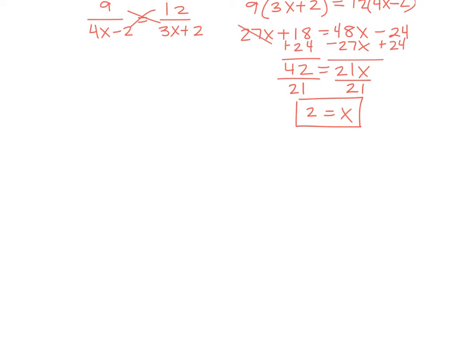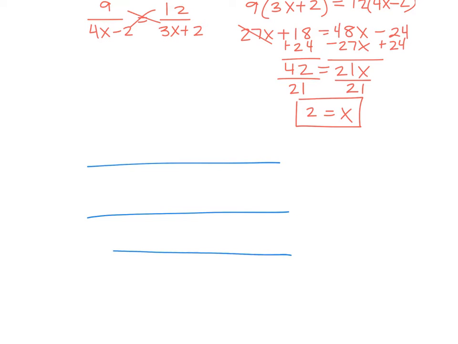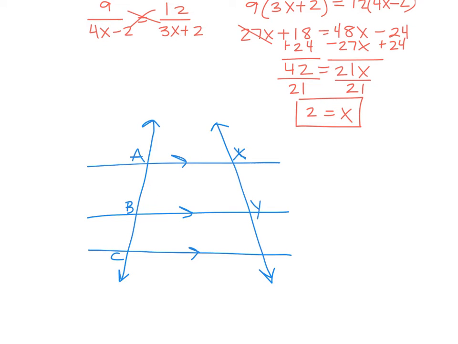If you have parallel lines instead of triangles, okay, so let's say these lines are all parallel, and we have a transversal here and a transversal here. If this is A, B, C, and X, Y, and Z, okay, notice these are not triangles.